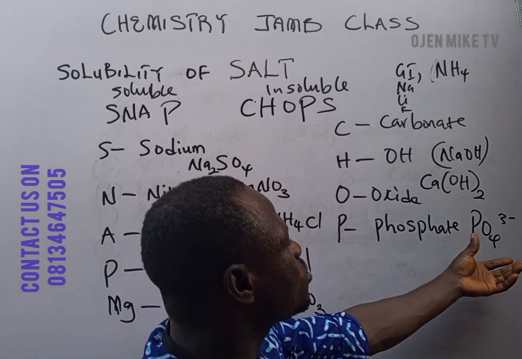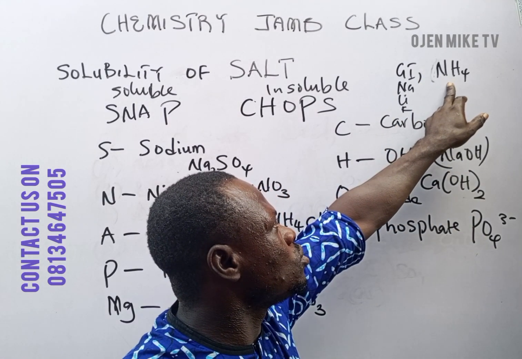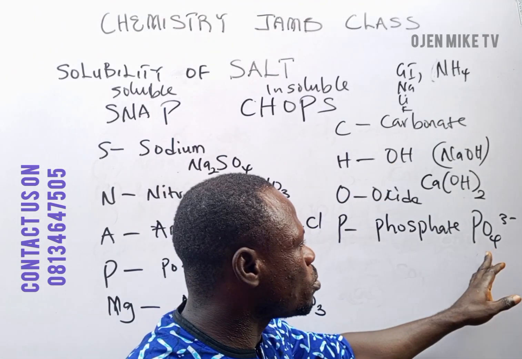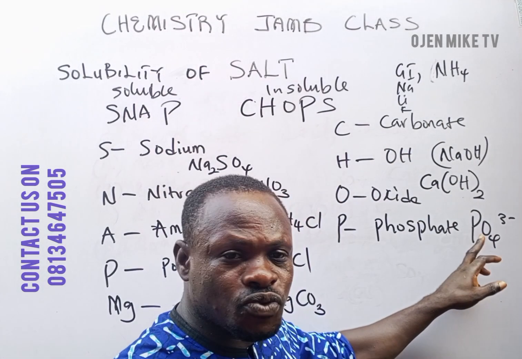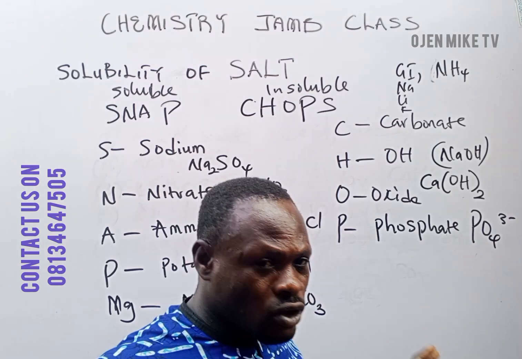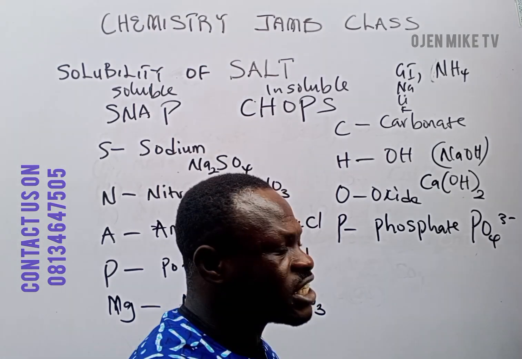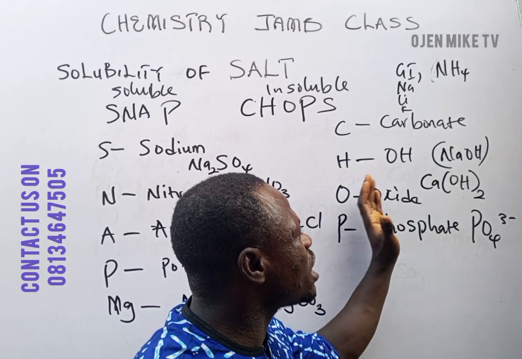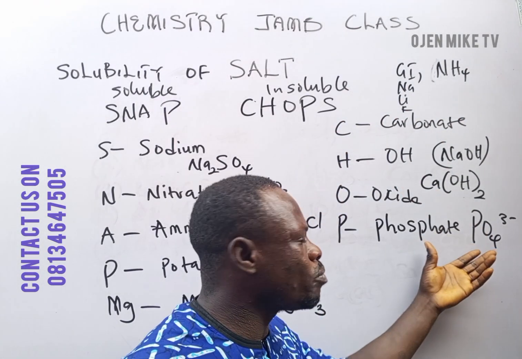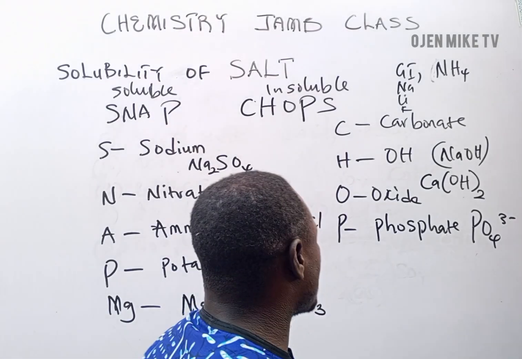Any salt containing phosphate, apart from those of group 1 and ammonium, is not soluble. Do you understand? Like I said, there are exceptions. The exceptions are group 1 and ammonium: anytime they are bonded with this kind of compound, they form a soluble salt. Apart from that, they are insoluble.